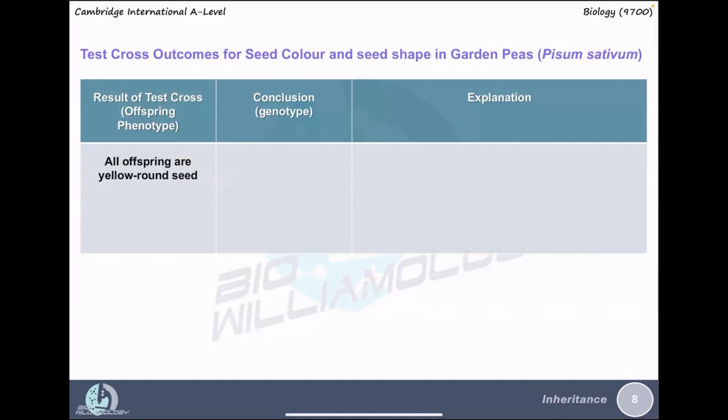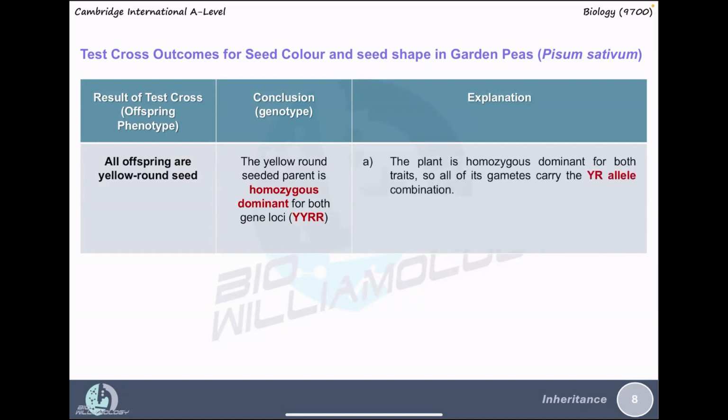Let us look at the test cross outcomes for seed color and seed shape in garden pea plants. If all offspring are yellow round seed, the conclusion is that the yellow round seed parent is homozygous dominant for both gene loci. Because the plant is homozygous dominant, its gametes all carry the dominant Y and dominant R allele combination.